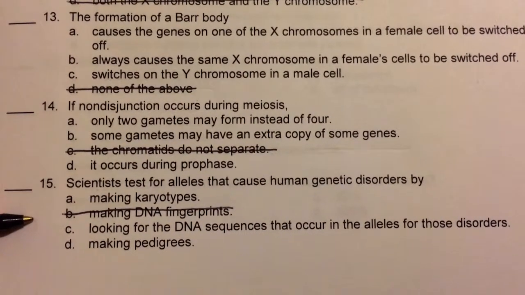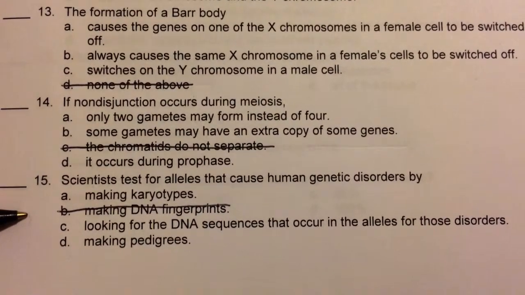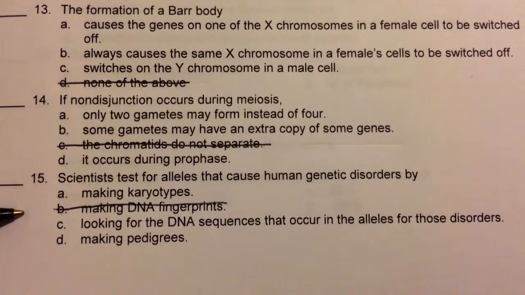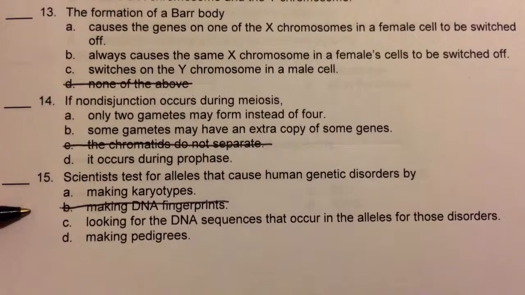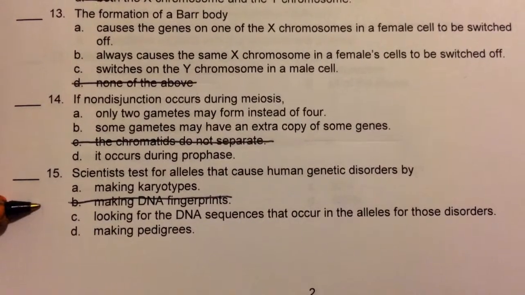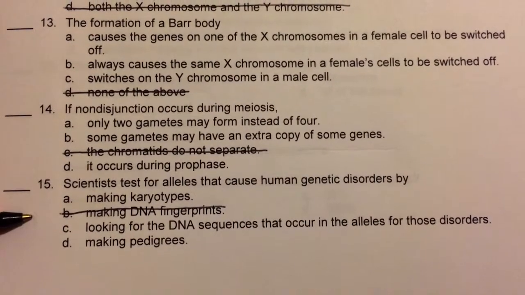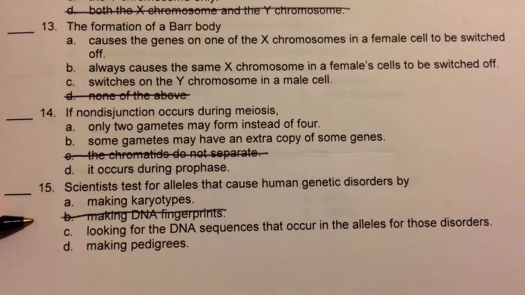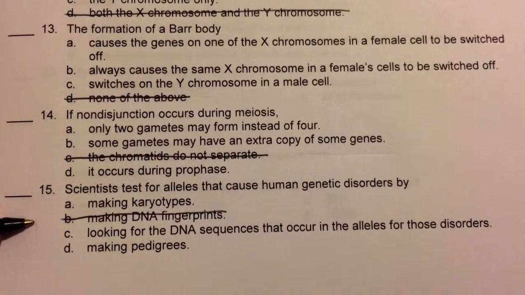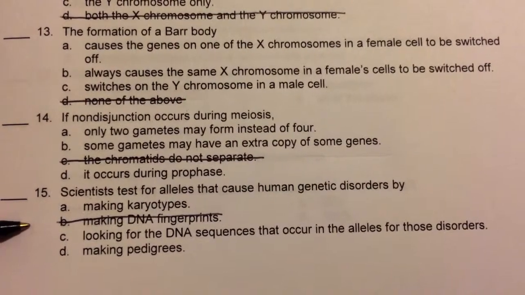Number 15. Scientists test for alleles that cause human genetic disorders by A, making karyotypes, C, looking for the DNA sequences that occur in the alleles for those disorders, or D, by making pedigrees.